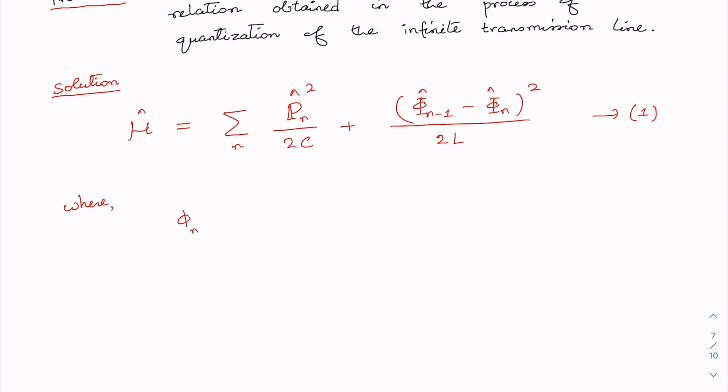And here phi_n is equal to the sum over k, where k lies between minus pi by a to plus pi by a, of amplitude times (a_k, the annihilation operator, e to the power ikx plus a_k dagger e to the power minus ikx).